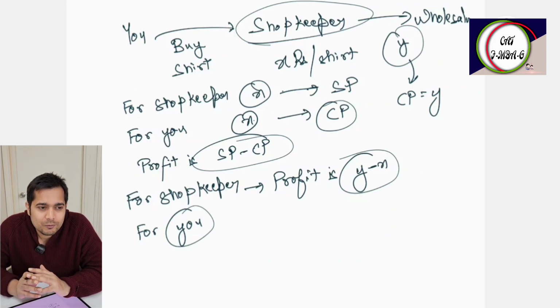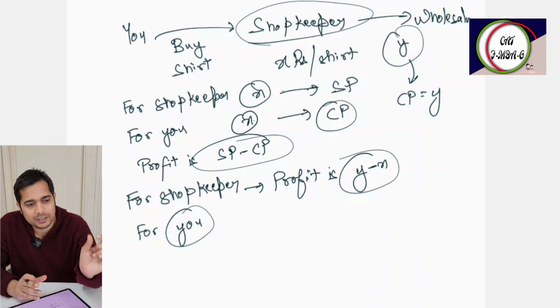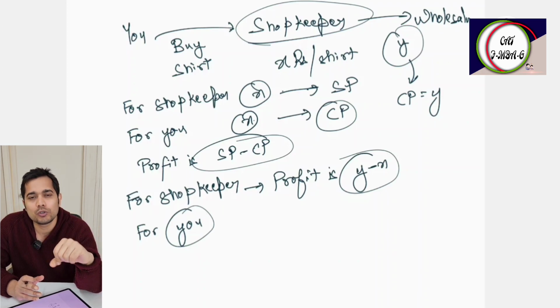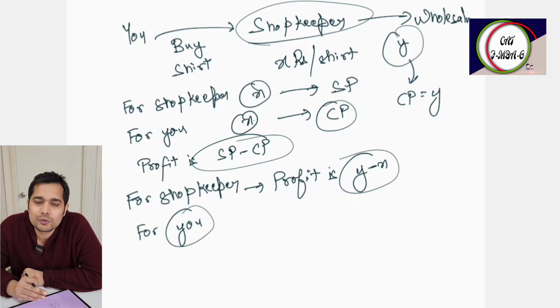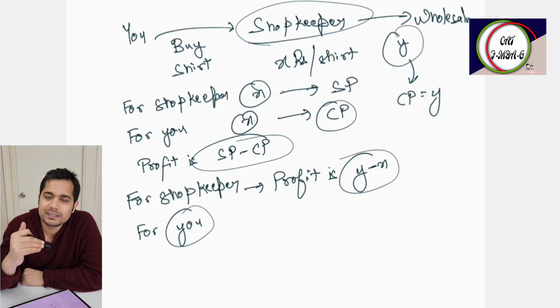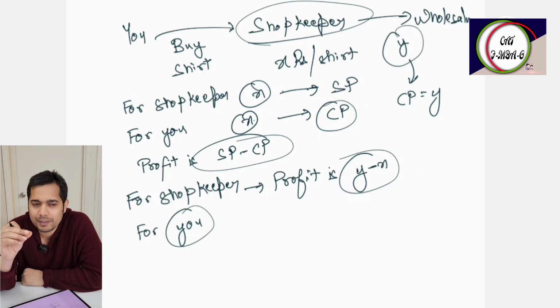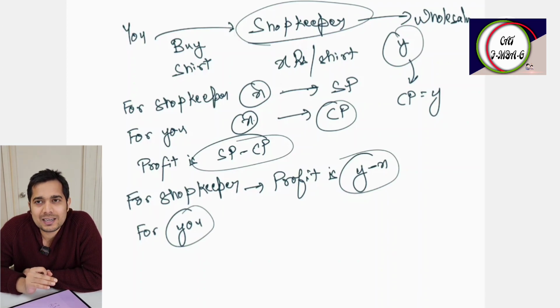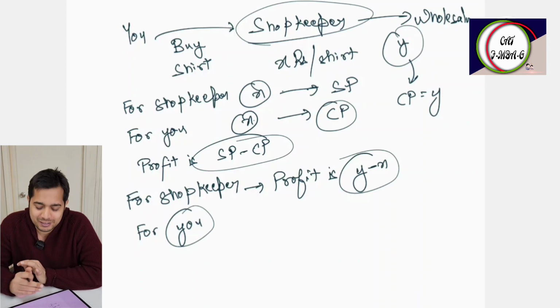Now let us try to understand what is the marked price. You must have seen that if you are going to buy some of the goods in the market, then on the tag you see MRP, that is actually the marked price. So what the shopkeepers do is, let us say they have bought the shirt for some X amount of rupees, they raise that price by some amount and they put the marking as MRP, then they give you the discount. So in your mind it is like, okay, MRP is this and I am buying it at a certain amount of discount, so I am in the benefit.